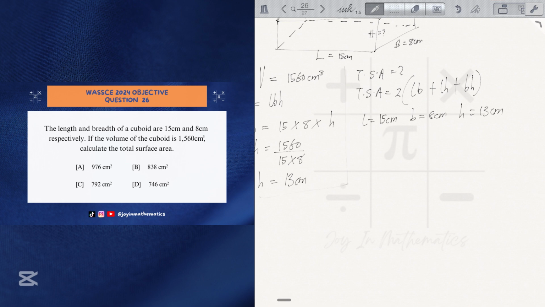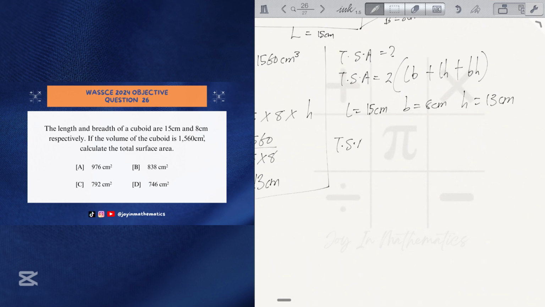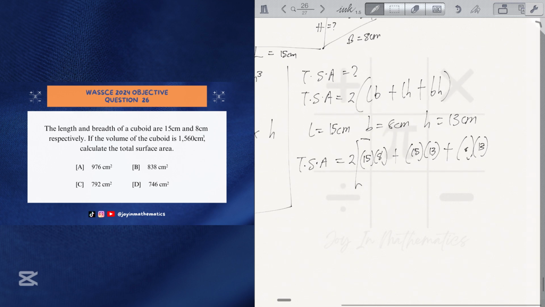So therefore we are saying the total surface area of the cuboid is 2 into length times breadth, that's 15 multiplied by 8, plus length times height, that's 15 multiplied by 13, plus the breadth multiplied by the height, that's 8 multiplied by 13. So in view of this, we can just simplify this and we'll have the answer.